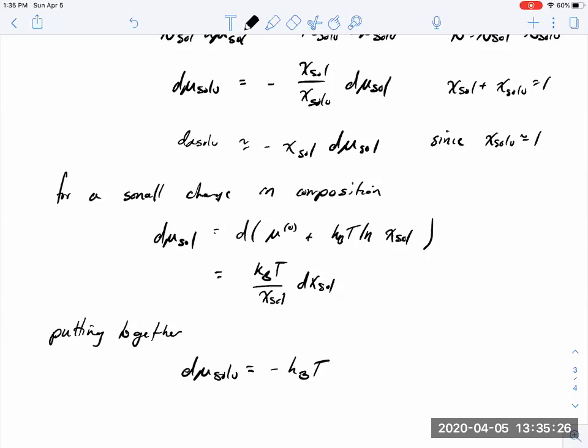The mole fractions of the solute cancel, and we're left with just the differential change in the mole fraction of the solute.